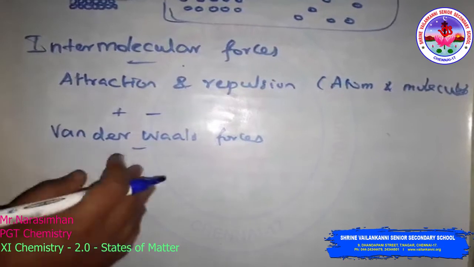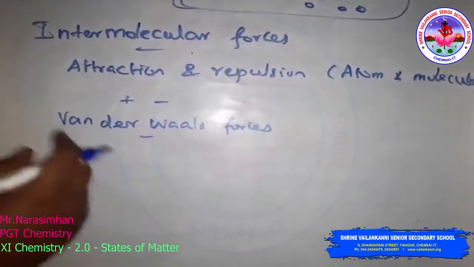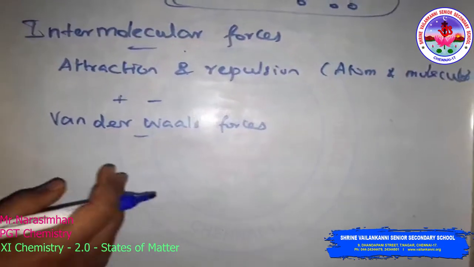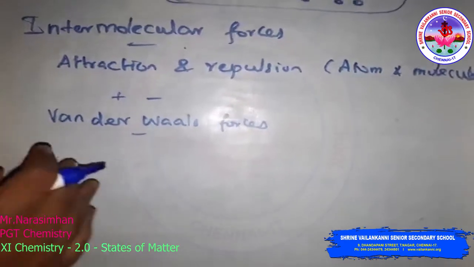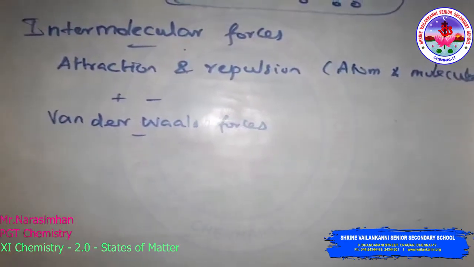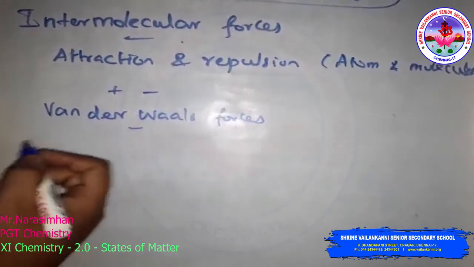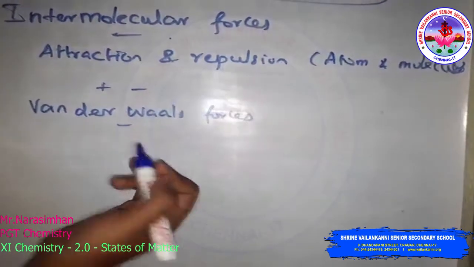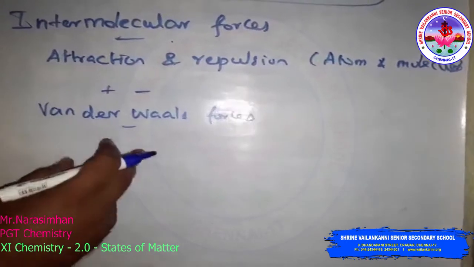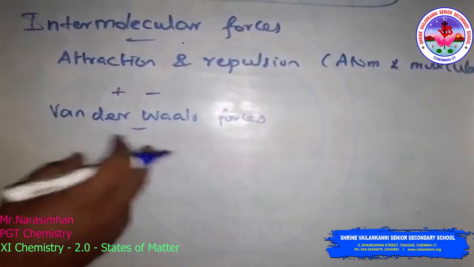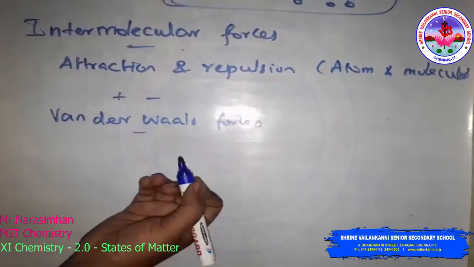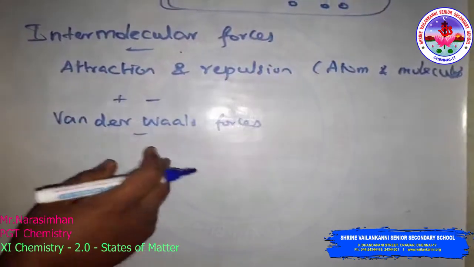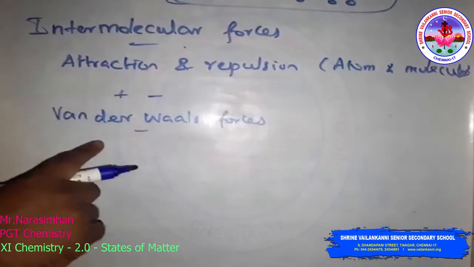These include a particularly strong type of dipole interaction, hydrogen bonding. So we can learn this topic. The attractive forces between an ion and a dipole are known as ion dipole forces, and these are also called van der Waals forces.